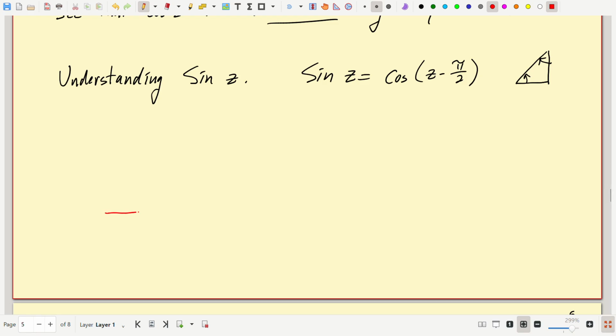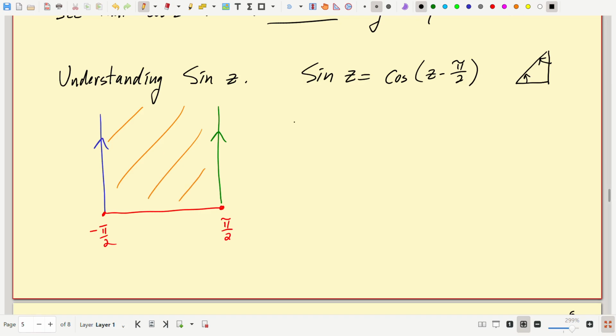So I would make this blue, this green, but now I'm going to go from minus pi over 2 to plus pi over 2. And I'll make these go this way, make it orange again.